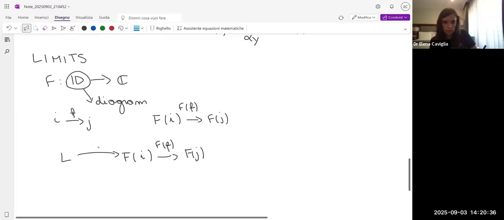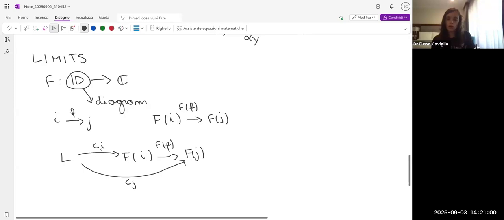So let's call this c_i and this c_j, for example, right? But there's a whole lot of them. So that's why we say that this is a cone, because L can be thought of as the apex of the cone, and these morphisms form the whole cone.